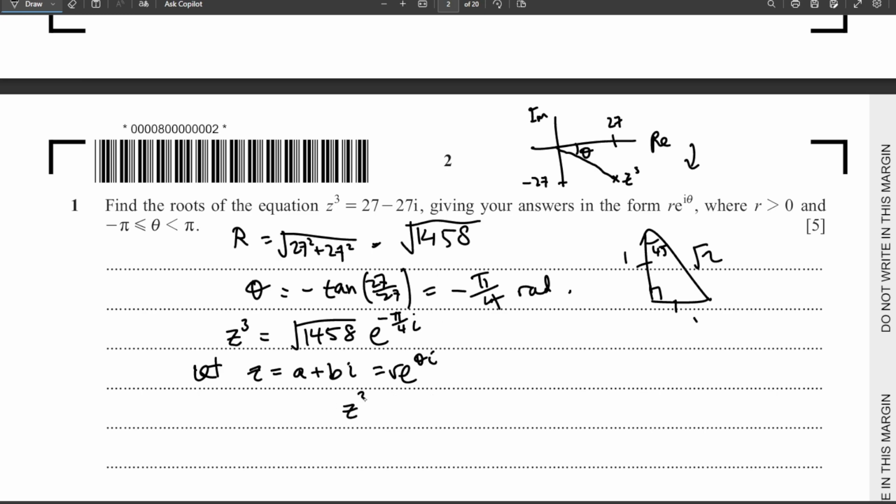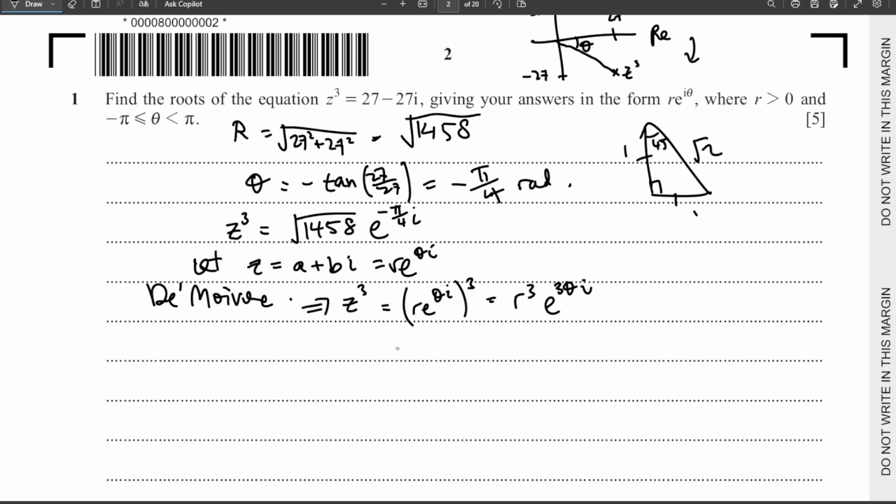Then z cubed, using de Moivre's theorem, cubing the whole thing, will be r cubed e to the power of 3 theta i. So this is de Moivre's theorem. Now we can equate these two.